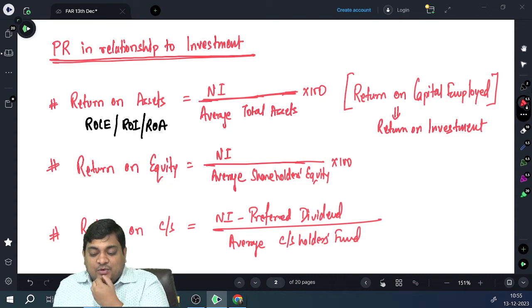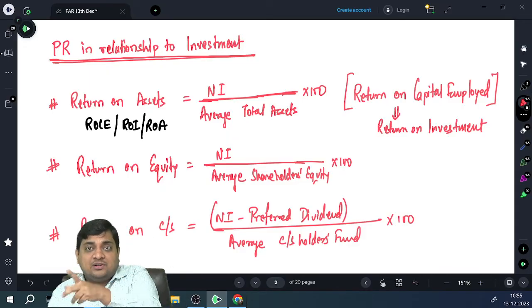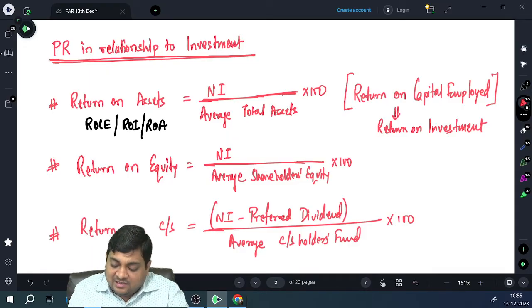Basically from equity I have to subtract the preferred stock, so automatically I get the common stock shareholder fund.